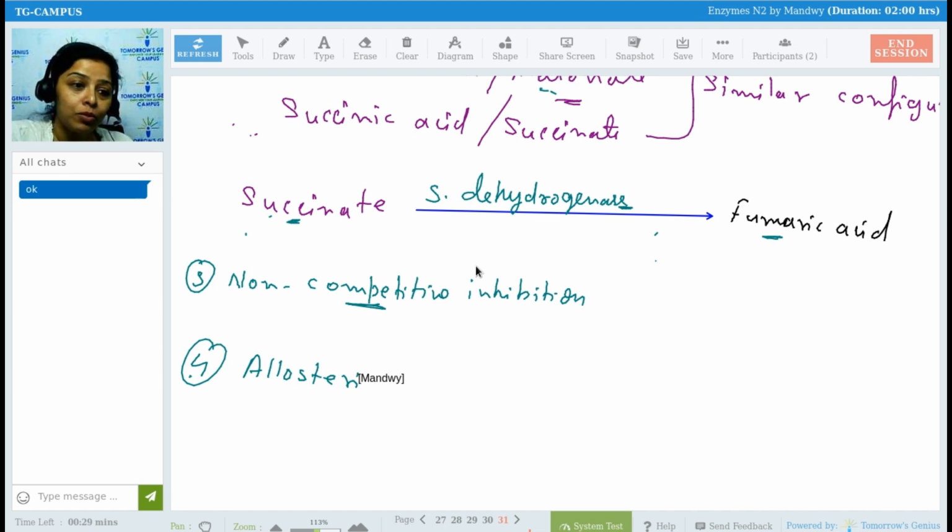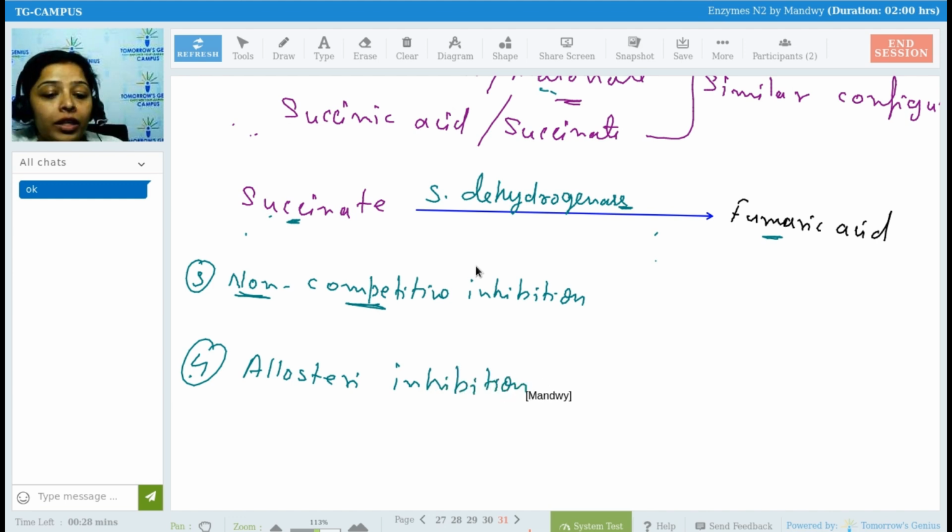If any substrate or chemical is binding with the enzyme at any site other than the active site, it comes under non-competitive. So let's see the allosteric inhibition. This allosteric inhibition is also called feedback inhibition.